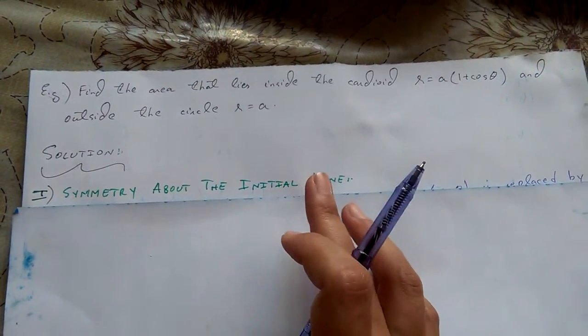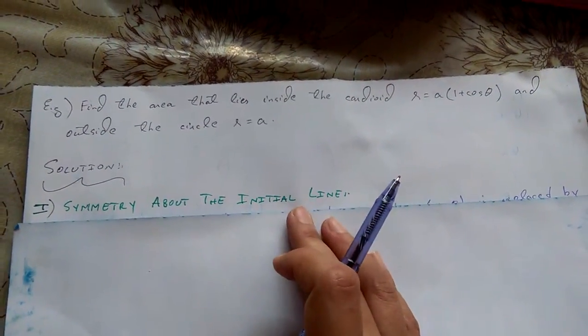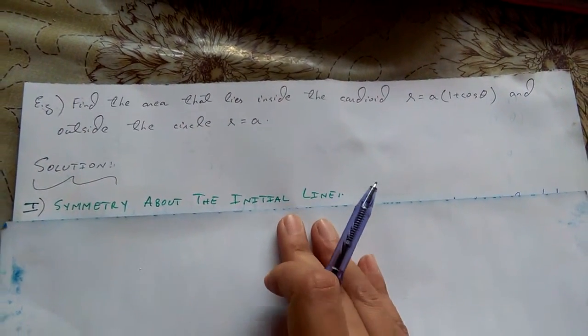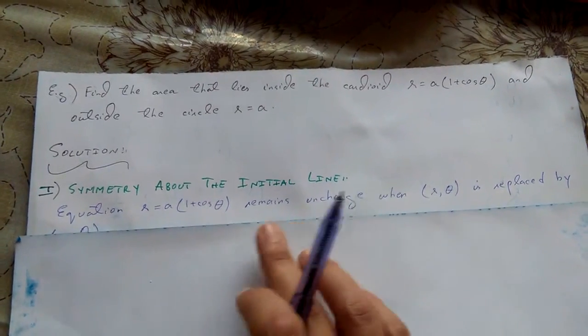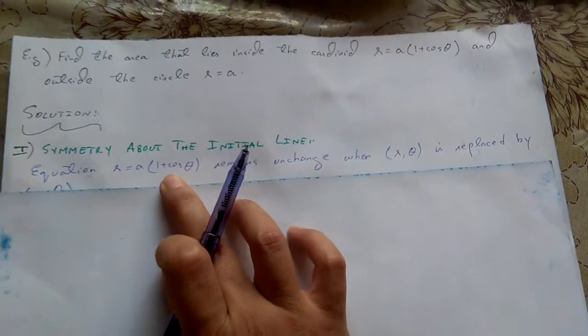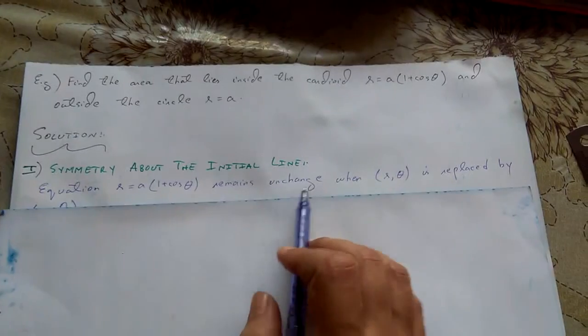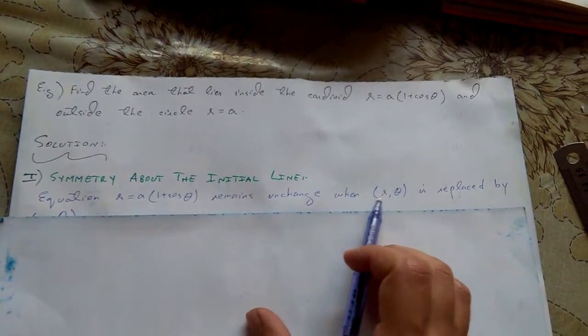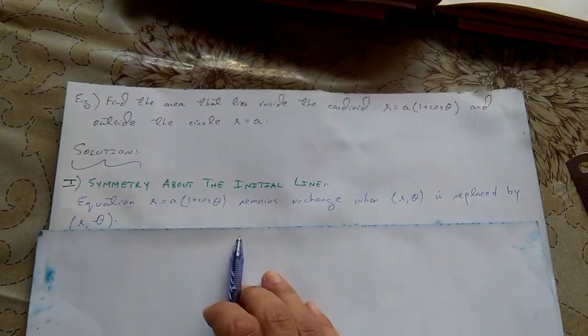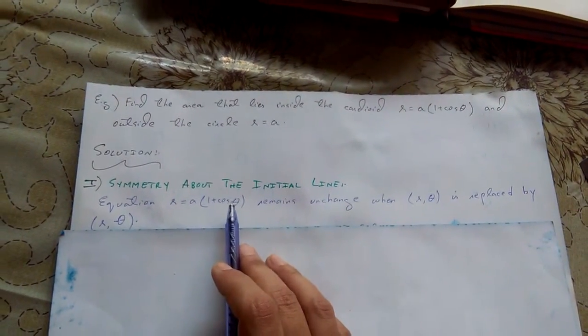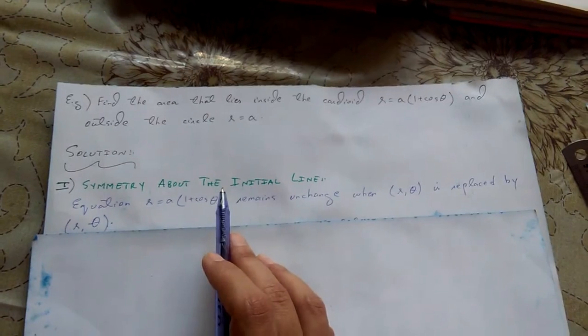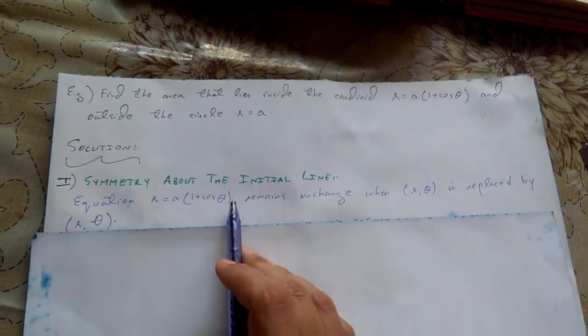initial line. First of all we are talking about the cardioid, so how do we check the symmetry about the initial line? If the equation of the cardioid remains unchanged when (r, theta) is replaced by (r, minus theta), then we say that the curve is symmetrical about the initial line.